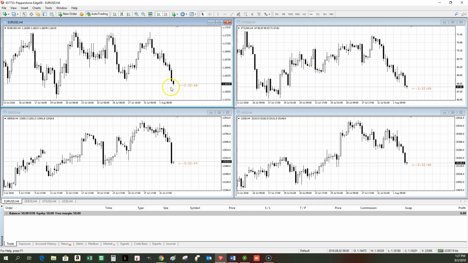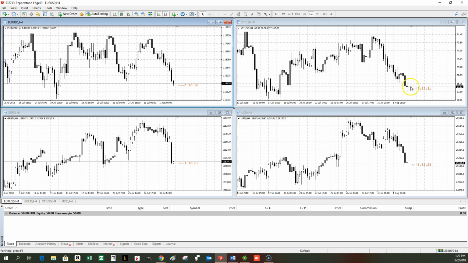And we are actually very close to the end of the waves. Because as you can see, if you take Fibonacci retracement, we are really at the 0 level of the Fibonacci.